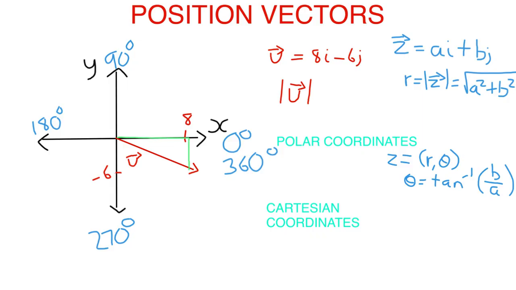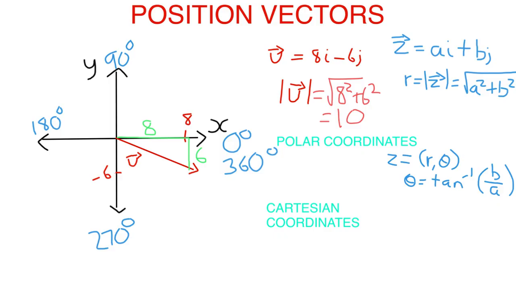We just draw a right-angled triangle here. This distance is 8, this distance is 6. So the magnitude of u is simply the square root of shorter side squared plus shorter side squared, and that gives us 10. More generally, if you have a vector ai plus bj, its magnitude is just the square root of a squared plus b squared.